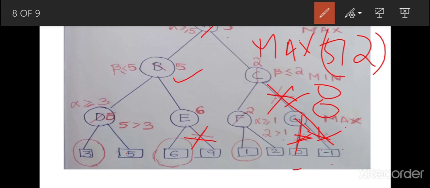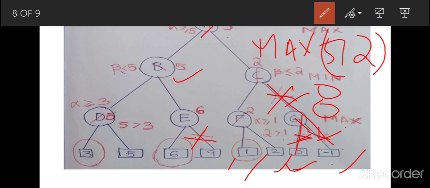In minimax we have to consider all the nodes. That is the difference between minimax and alpha beta pruning: in minimax we consider all the nodes, but in alpha beta pruning we are not considering all. So this is how alpha beta pruning works.